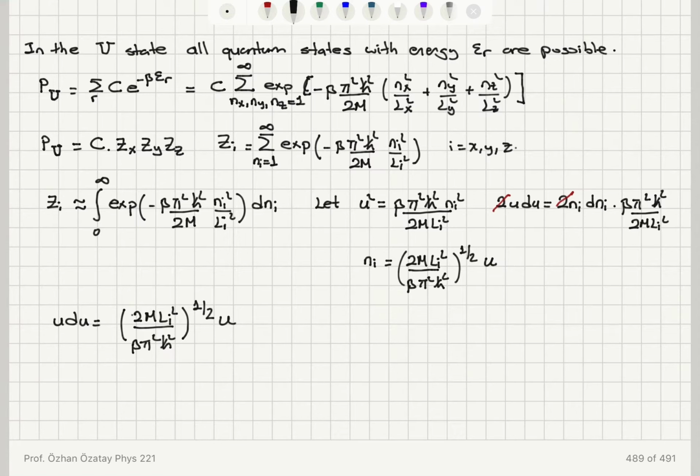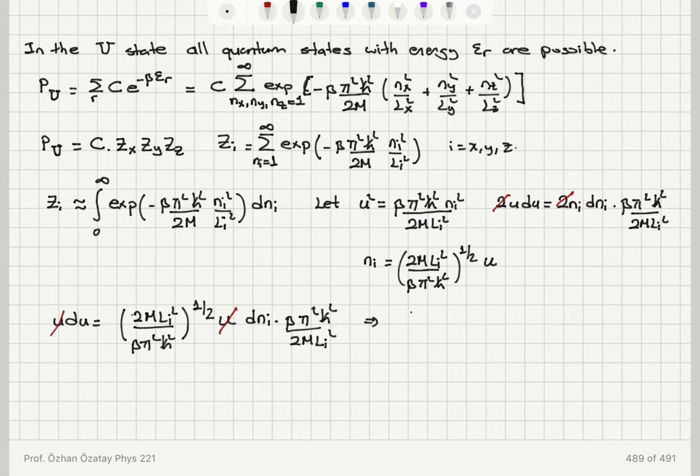And then I have dni multiplied with beta pi squared h bar squared over 2m li squared. So I can see then the u's will cancel here. I will be left with du.